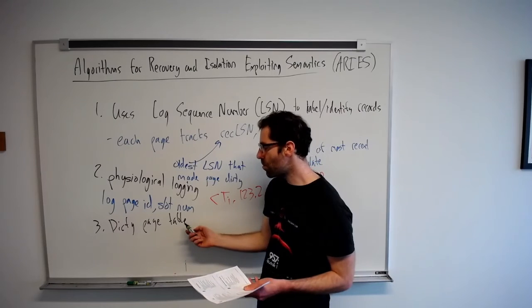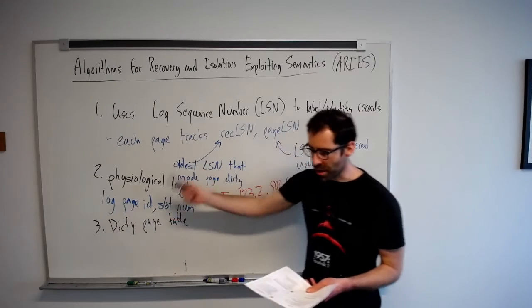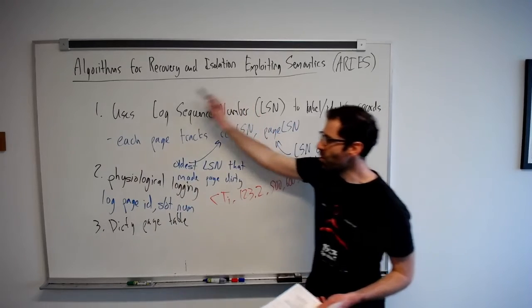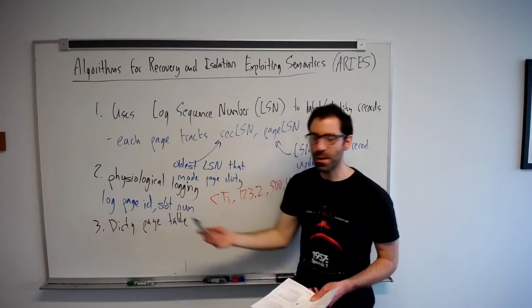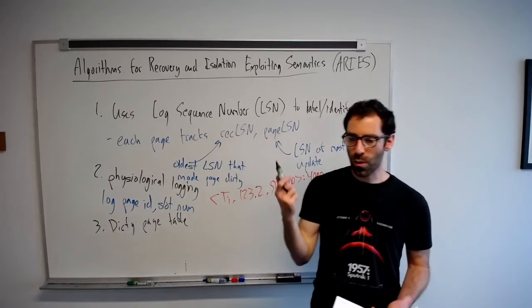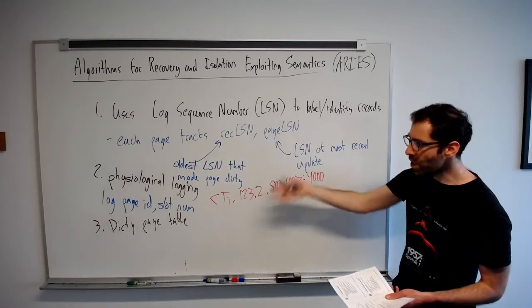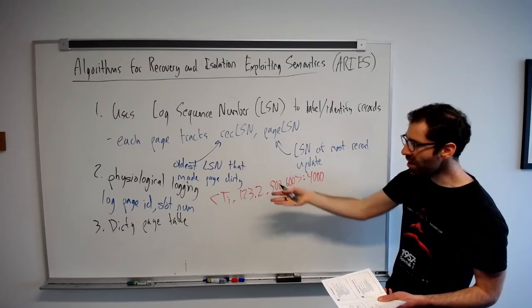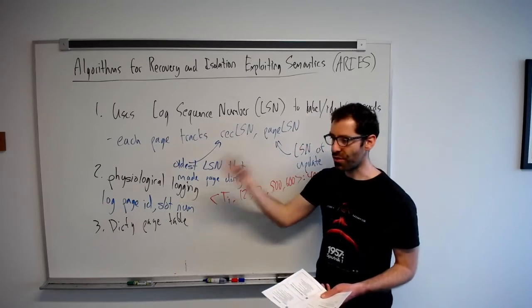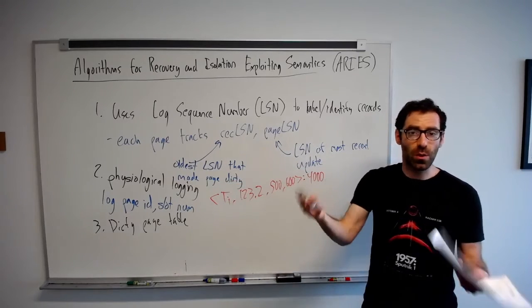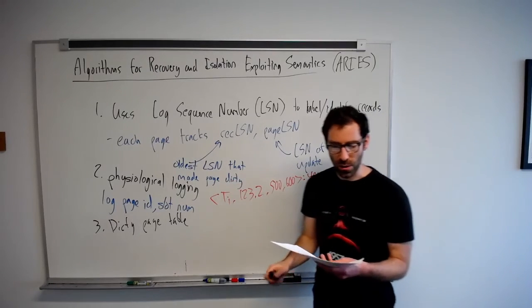And in particular, this is again going to be part of using these previous 2 points. It's going to be how we can tell, okay, which pages were actually dirty at the time of the checkpoint, and thus avoid redoing changes to pages that weren't actually dirty, that we know were already written out.